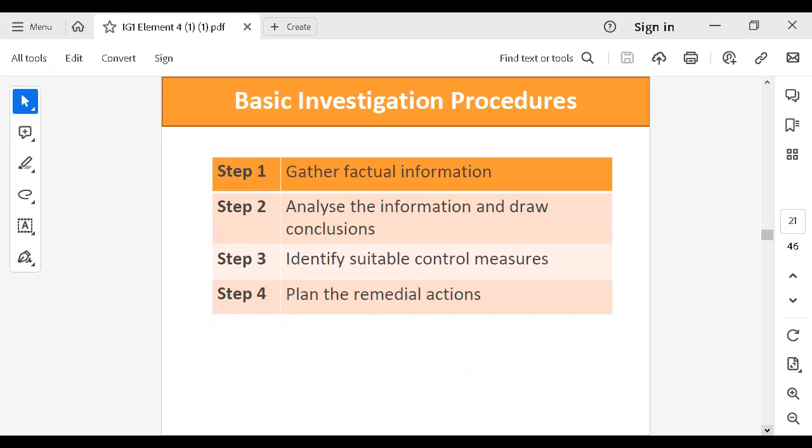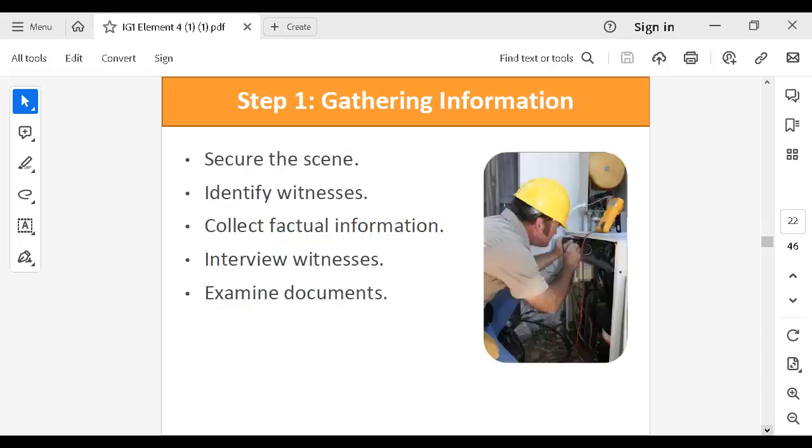So when we are investigating accidents or incidents, the basic investigation procedure has 4 steps. Step 1, gather factual information. Step 2, analyze the information and draw conclusions. Step 3, identify suitable control measures. Step 4, plan the remedial actions. Step 1, gathering information.